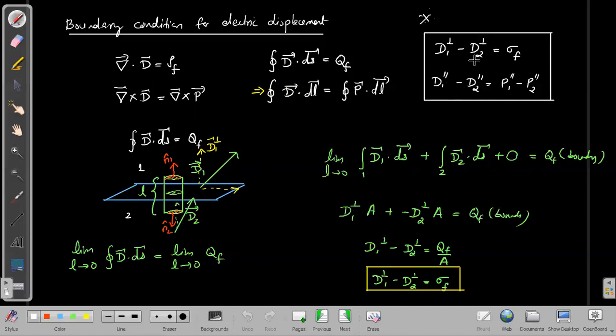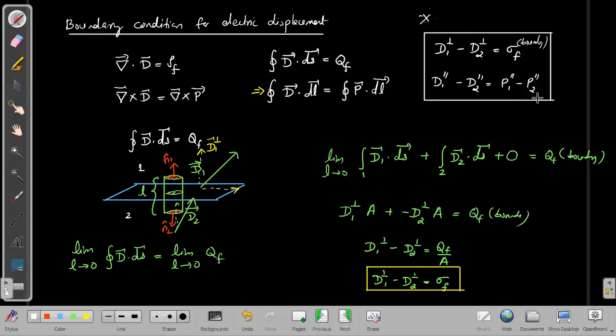The difference between the perpendicular components depends upon the amount of surface free charge density at the boundary. Okay, so D1 perpendicular minus D2 perpendicular equals sigma f, and the sigma f should be over the boundary.